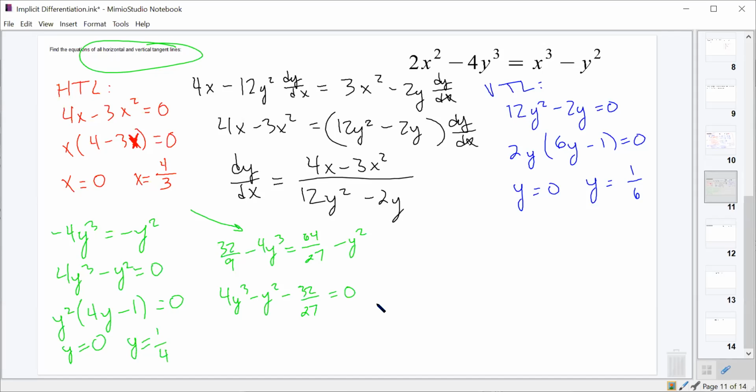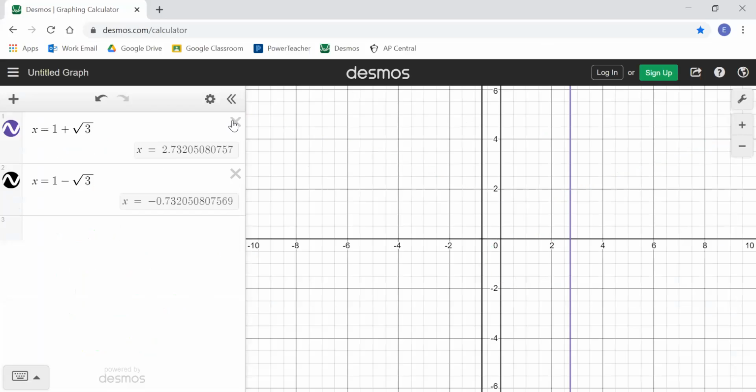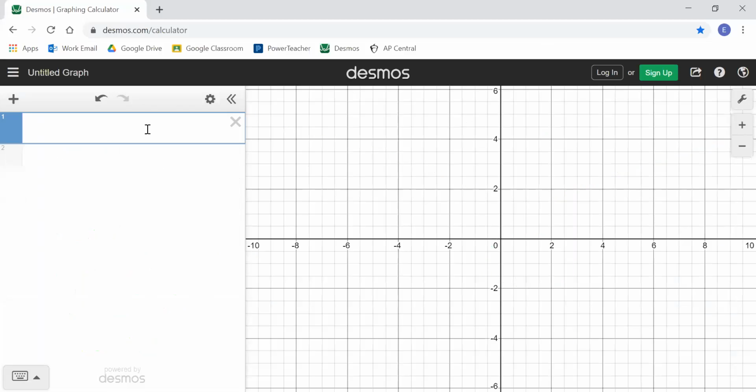So right now we're just going to use Desmos to help us evaluate that. We'll learn how to do it with our regular graphing calculator soon enough. So what's the equation? 4y cubed minus y squared. Was it minus 32/27 or plus?